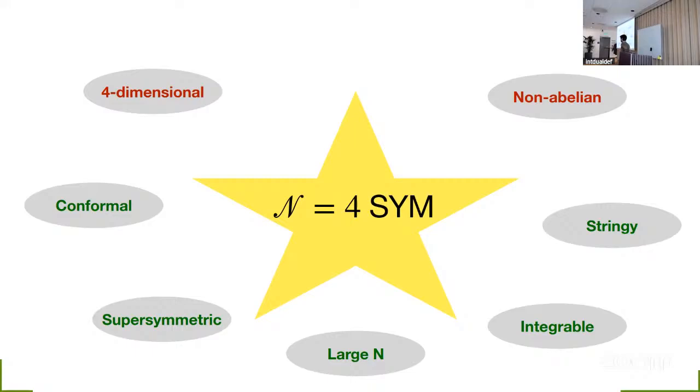And today I will focus on a baby version of this theory, which is a orbifolded version of an N=4 structure. This theory is less supersymmetric, but because of that, it has a little bit more structure.